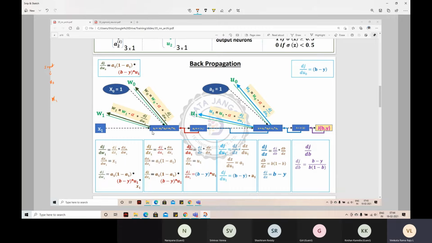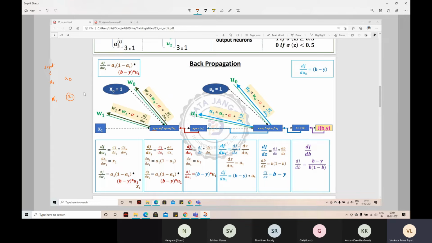Then this Z1 and A1, that is the hidden layer. A0 again is 1, that's a bias term. And there is an output layer.